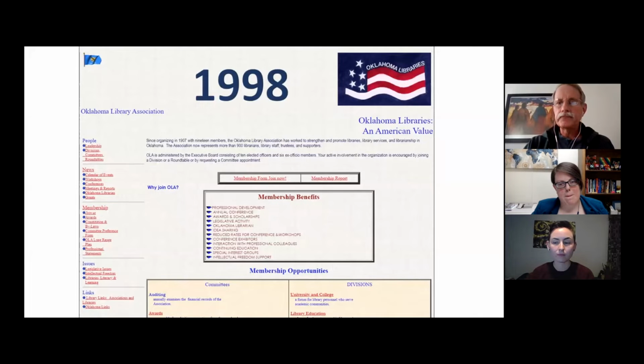So what I'd like to do just briefly is to go through the history of the OLA website. Just give some background from where we started and how we ended up where we eventually ended up. The beginnings of the website is, as best I can recollect, it started in about 1995 when Bob Swisher, who I believe was then the OLA president, put up a homepage for us, I think on an OU server.